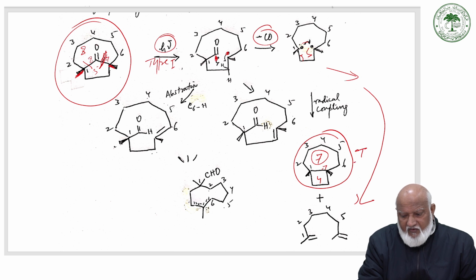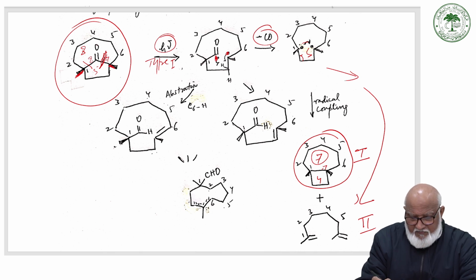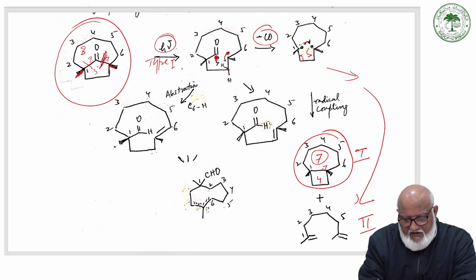So we have one product after decarbonylation and radical coupling, a second product after the opening of this cyclobutane ring, and then the third product is from the abstraction of hydrogen by the acyl radical from the adjacent carbon. So this acyl radical can abstract a hydrogen atom from this, and then this will form a double bond to give the enaldehyde.